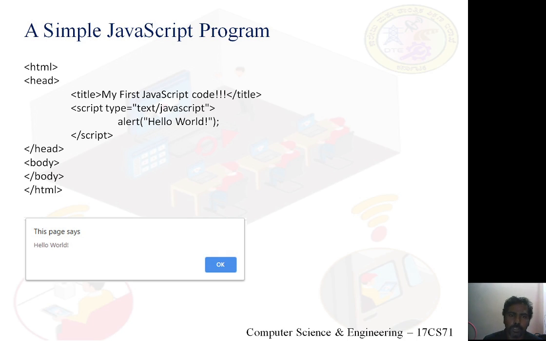This source code you need to type using any of the text editors, say a simple Notepad. Now log into the browser, and in the address bar you specify the path of the source file. On execution, you will see this window popped up, as you can see in the slide. This page says hello world.